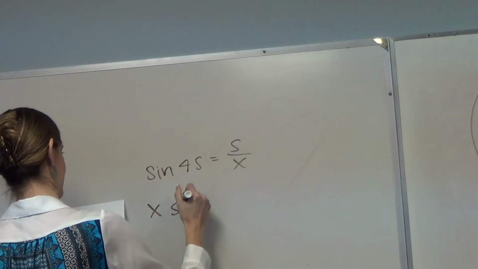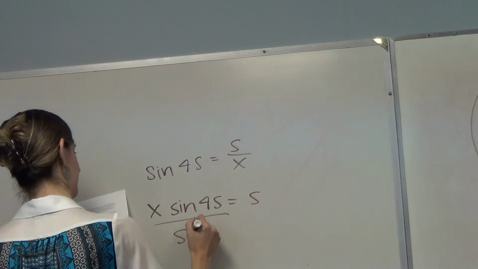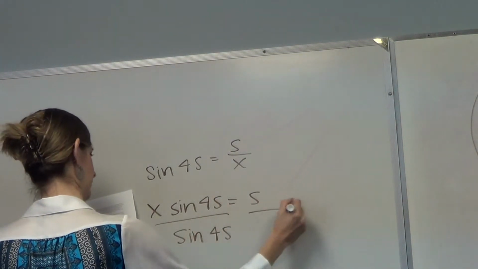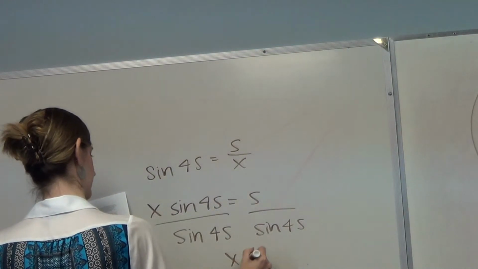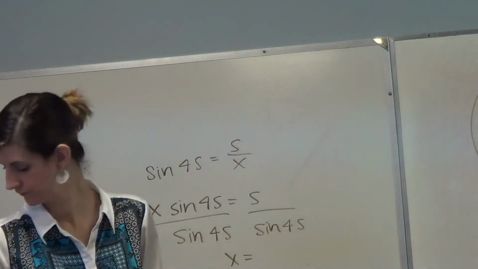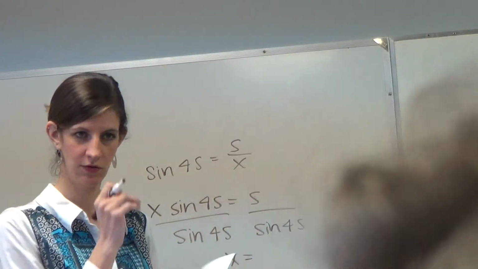So x times sine 45 equals 5, divided by the sine 45, gives you x. Oh, I know what I did wrong.